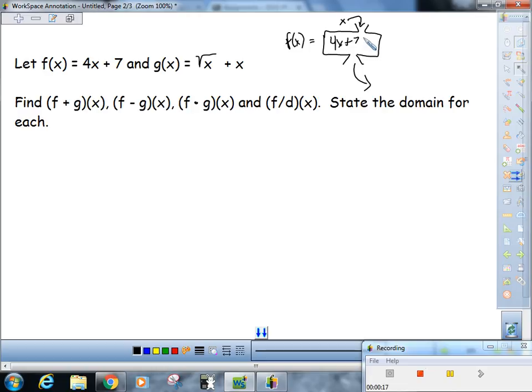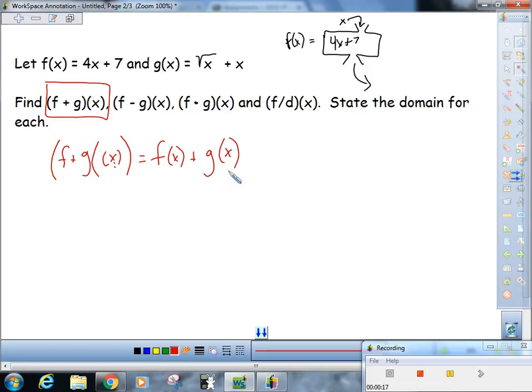Essentially, when you see this right here, our machine changes. And all it changes to is f plus g of x. That's the same thing as f of x plus g of x.